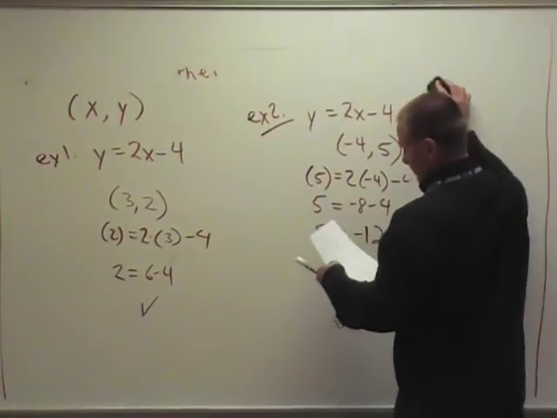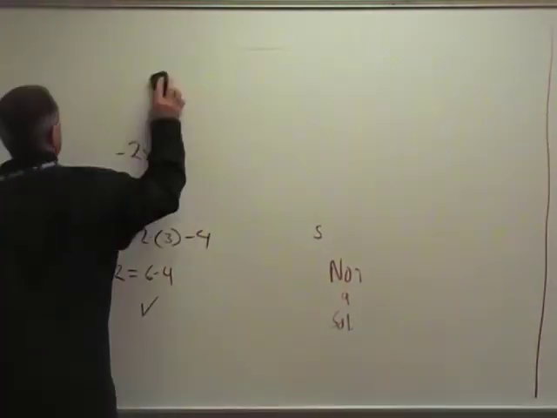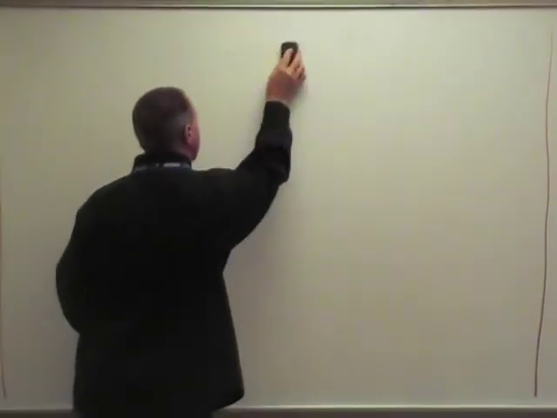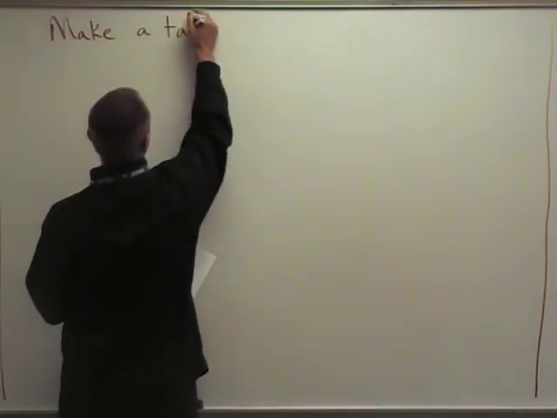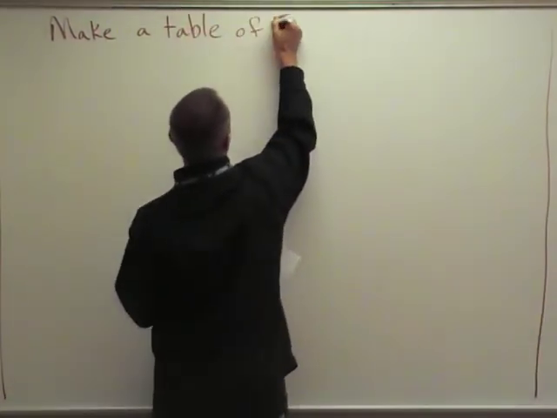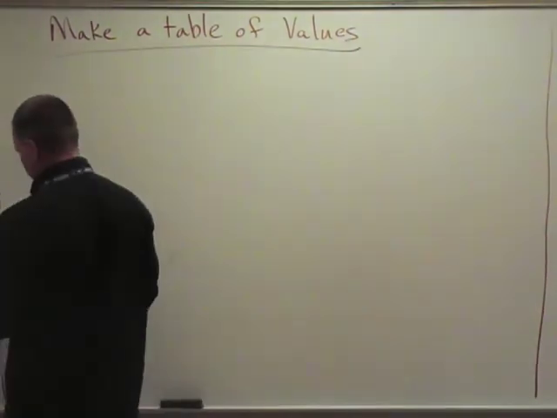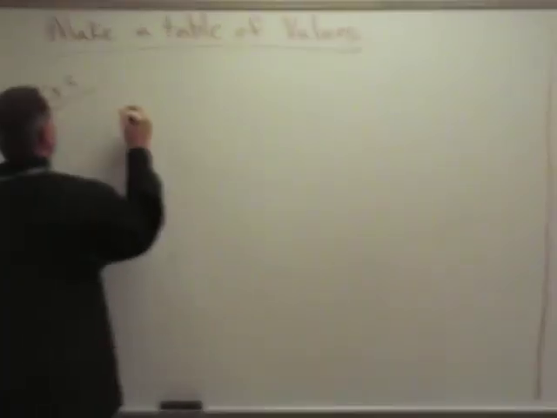Alright, next thing. Making a table of values. You're going to do this a lot when we graph. Make a table of values. So, we're going to use example 3 to help us with this.